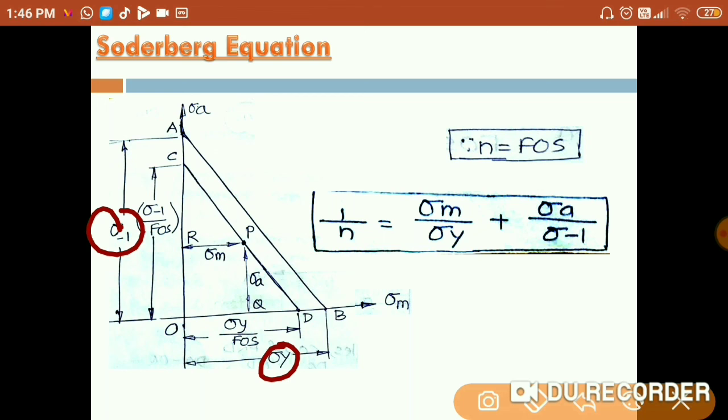This line is used when the design is based on yield strength, whereas Goodman was for ultimate strength. The Soderberg method is particularly used for ductile material. The line AB connecting endurance limit and yield strength is called the Soderberg failure stress line.